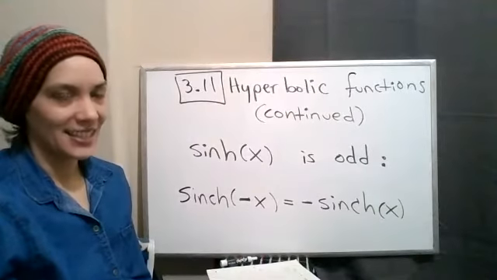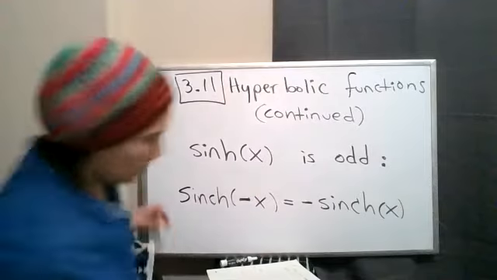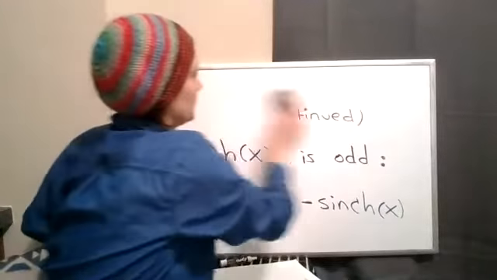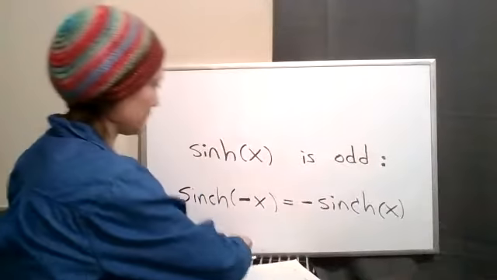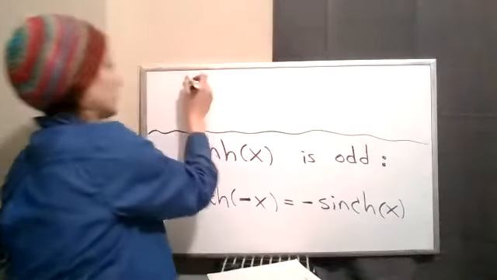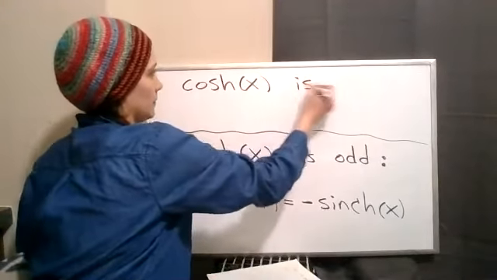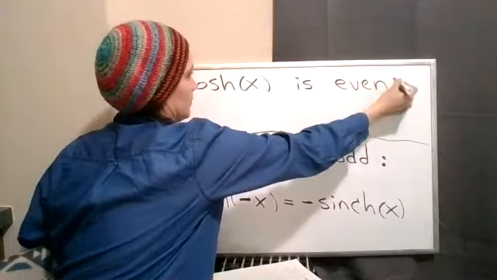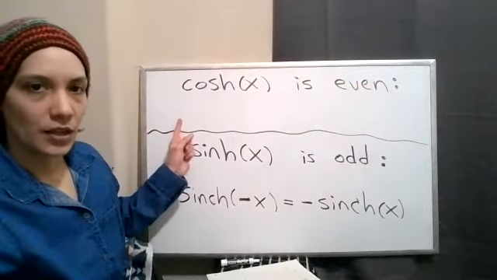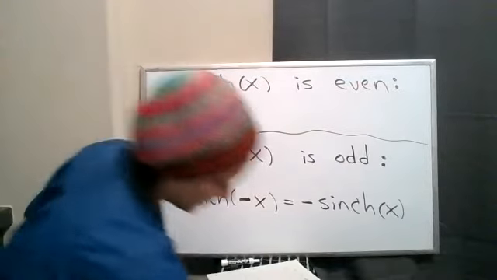cosh of x is even. So we put in a negative x, it's that function. Next. So cosh of negative x is equal to cosh of x.